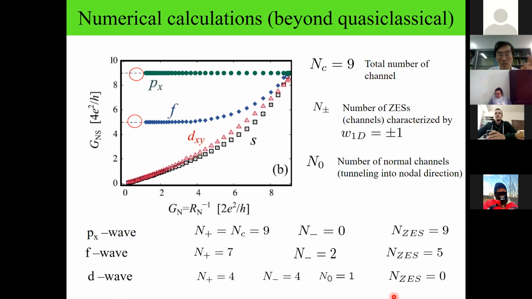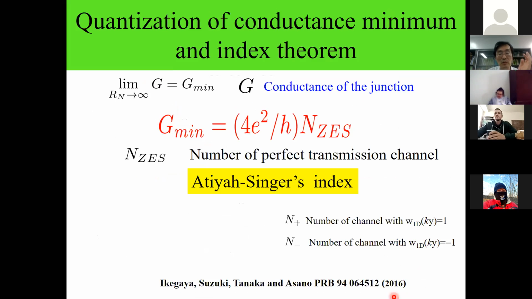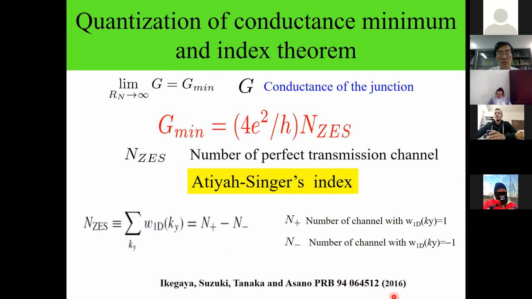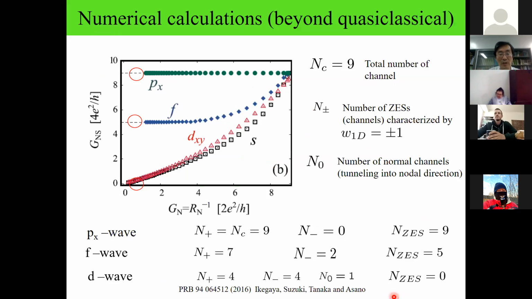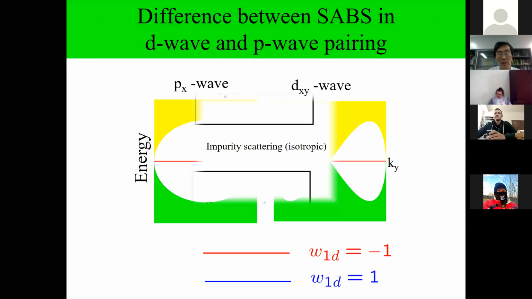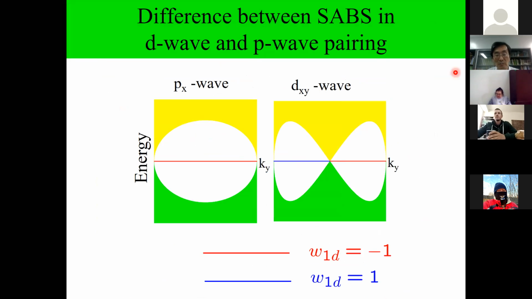It's quite interesting that quantization of conductance appears only for a spin triplet superconductor. Because in the spin singlet superconductor case, as seen from here, the positive region and the negative region are equivalent to each other, so they cancel each other.